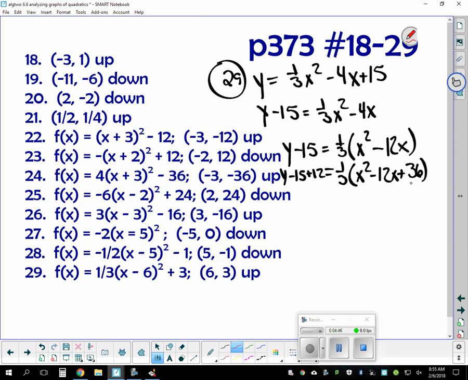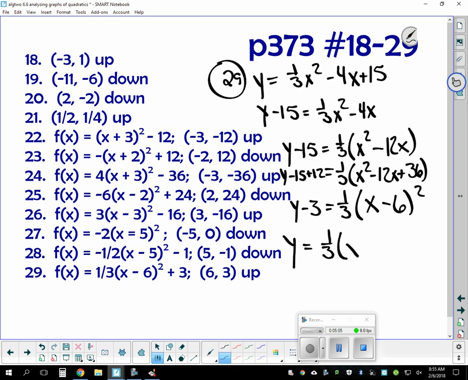Because we didn't just add 36, we added 36 times 1/3, which is 12. So y minus 3 equals 1/3 times, what's the quantity? X minus 6 squared. And then finally, just add your 3. And there's your equation. You can get your vertex out of that and your direction of opening.